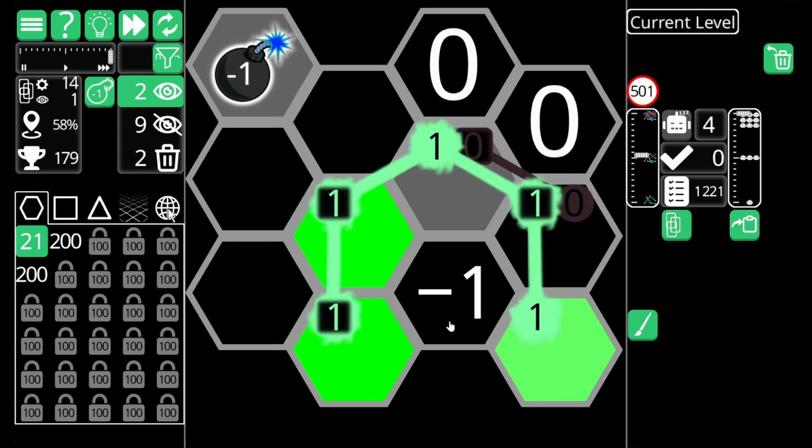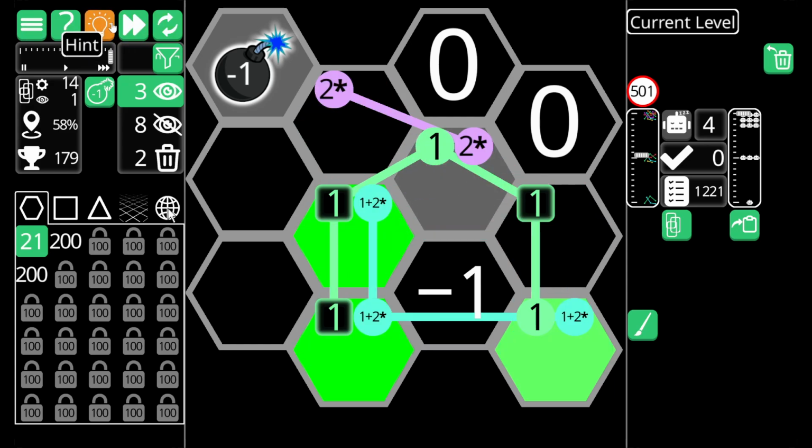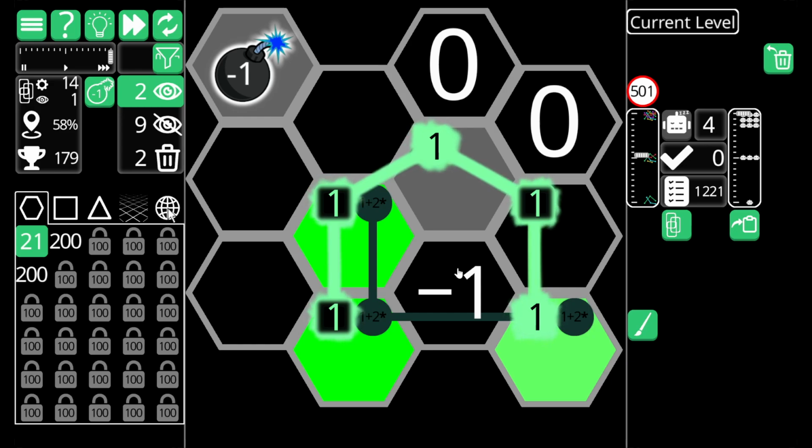But apparently it's also possible for a clue to be marked as negative, which causes all the unmarked cells. This clue is a negative one, which means any unmarked cells as part of it contribute a negative mine to the total. And any marked cells contribute a positive mine to the total. Oh dear. Okay.